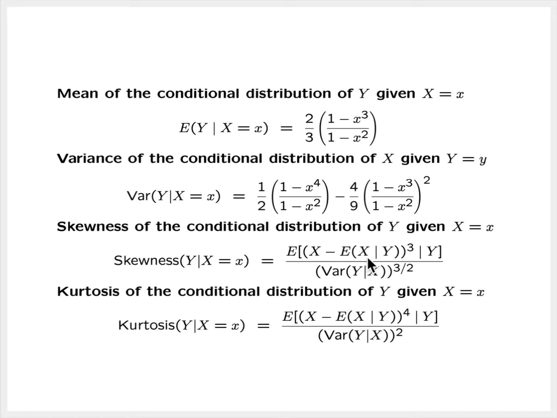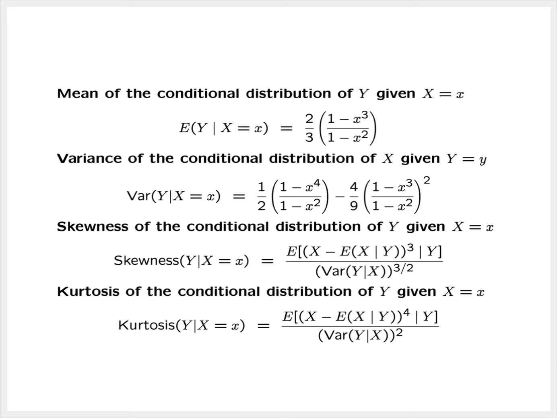And then utilizing those formulas, we can come up with expressions for the mean, variance, skewness, and kurtosis. These are fairly complicated, so at least at this point we're not going to plug those in and try to simplify them.